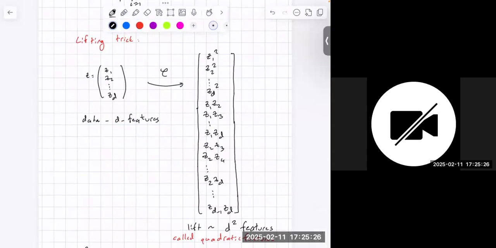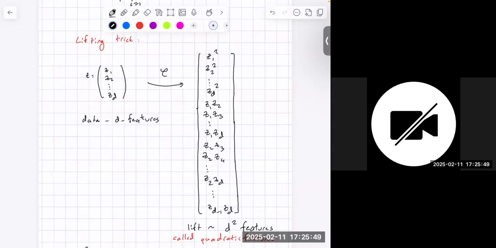You take your data, it's got D features, right? And you start combining the features with each other. I'm writing here the dirty trick for degree 2, which means take two of them, multiply, and think about all such multiplications you could do.